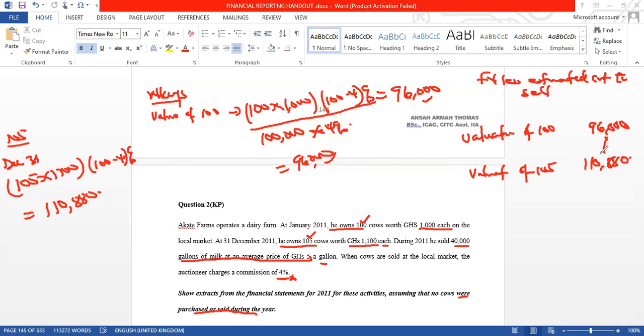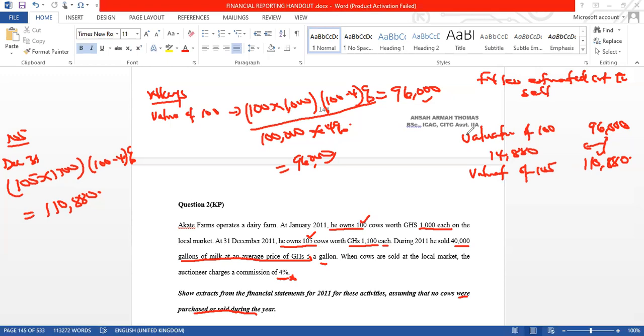You could see there is a difference here. So there is an increase in the value. All right, what is the difference? I think the difference is 14,880.